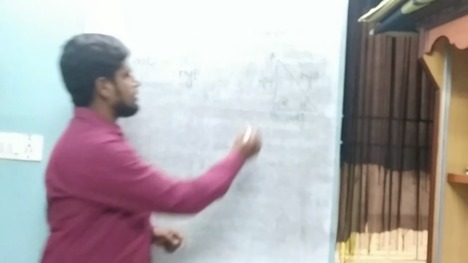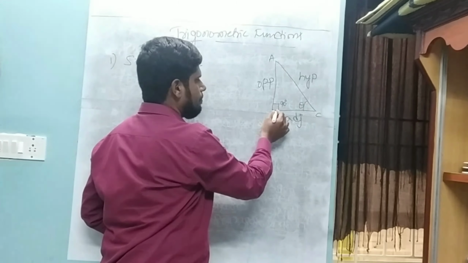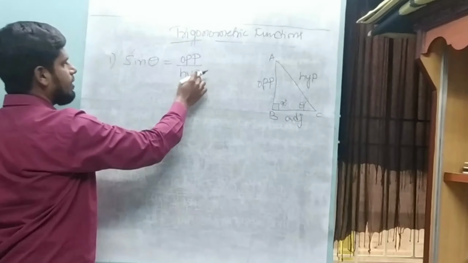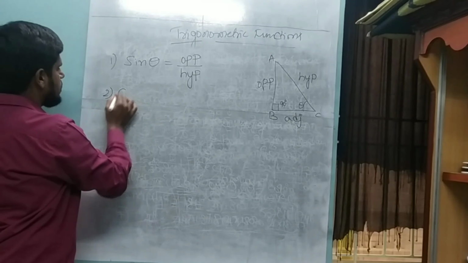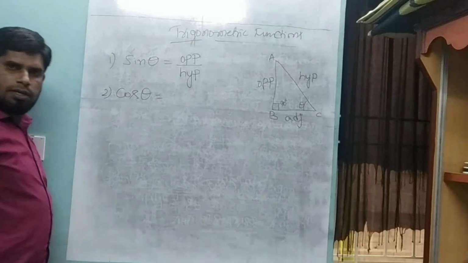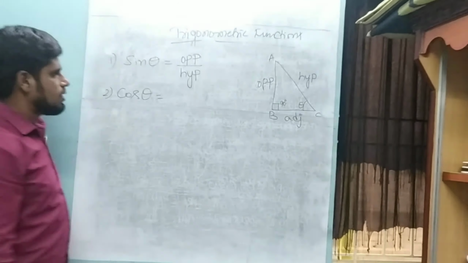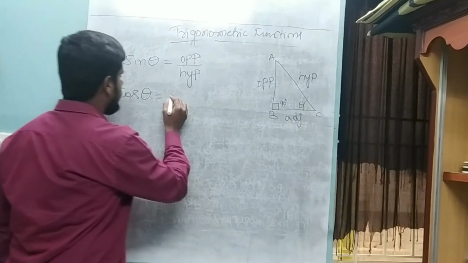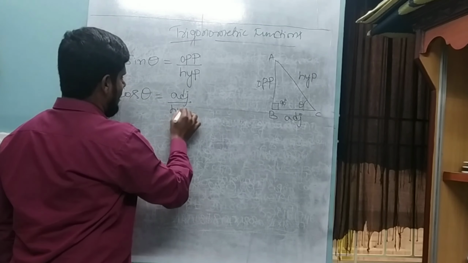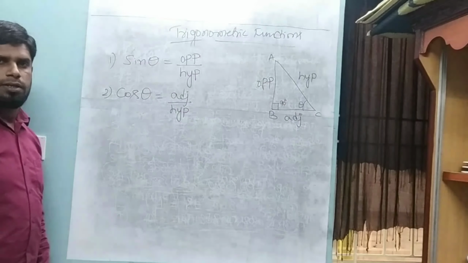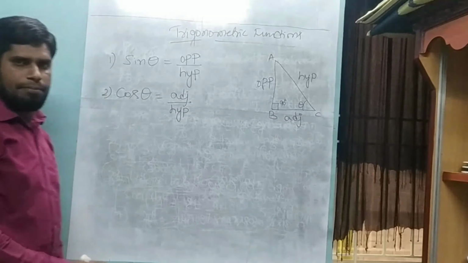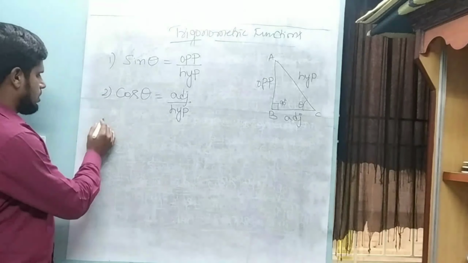See, AB is perpendicular to BC. Second is co of sine, that is cos theta. The definition of cos theta is adjacent side divided by hypotenuse, that is base divided by hypotenuse.